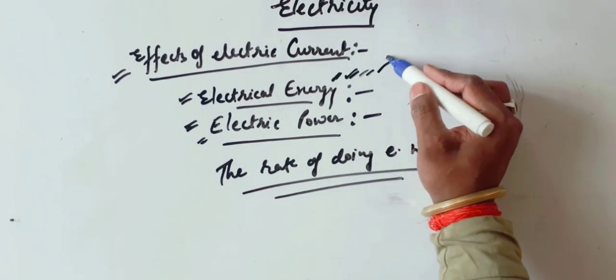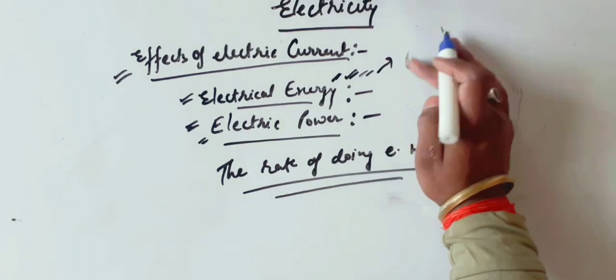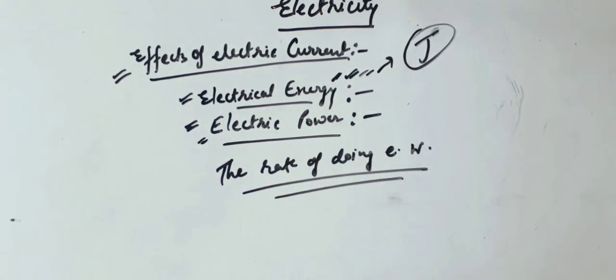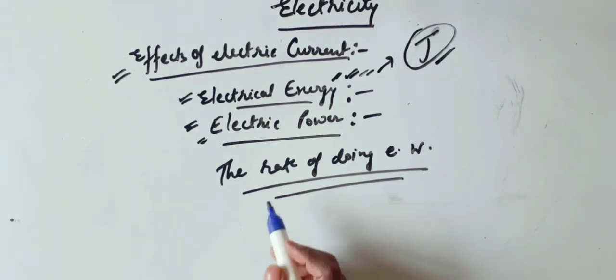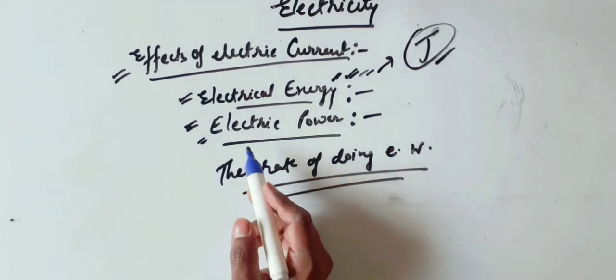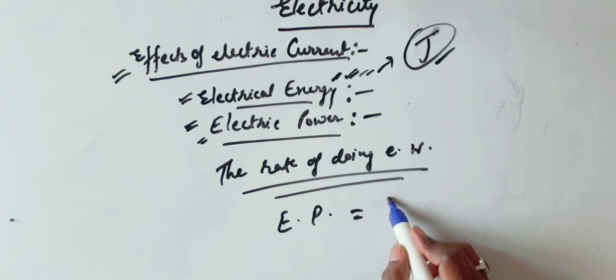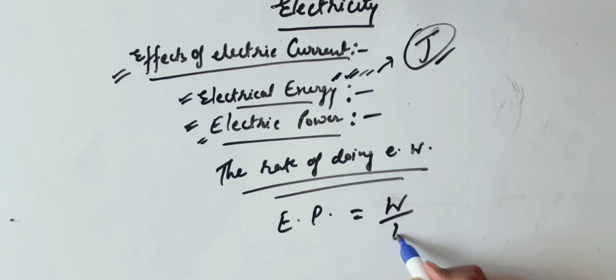What is the unit of electrical energy? The unit of energy is joule, so electrical energy is also measured in joule. The rate of doing electrical work is known as electric power, so electric power equals electrical work done per unit time.